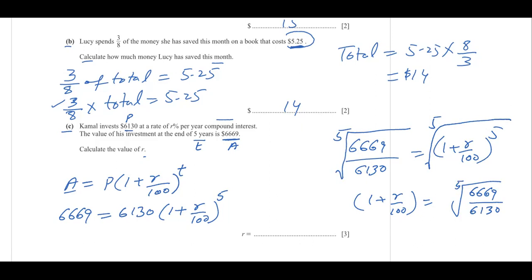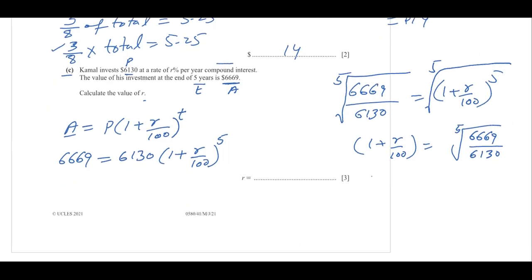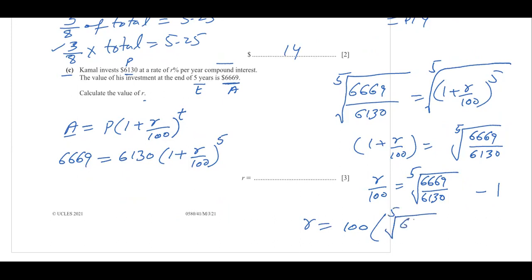So I will have here R over 100 will be equal to the fifth root of 6669 over 6130 minus 1, because this 1 is shifted to the other side, and this 100 finally will make R equal to 100 into the fifth root of 6669 over 6130 minus 1.